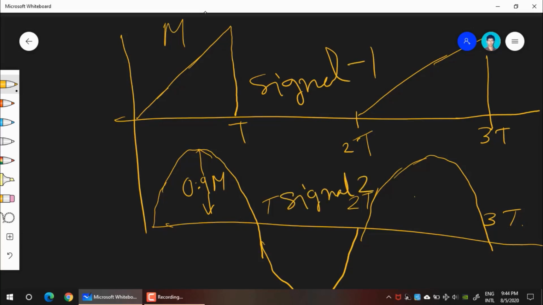You calculate and try to find out which one has more RMS value, and the signal having the higher RMS value is able to produce more.